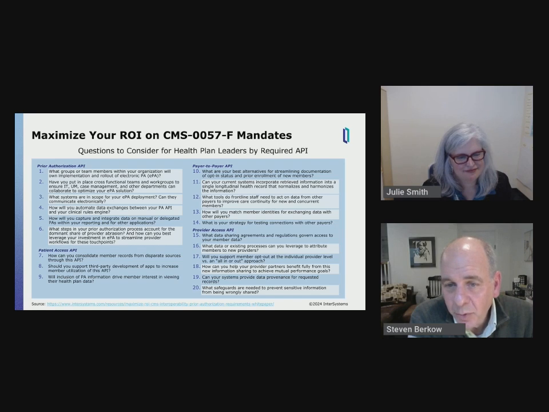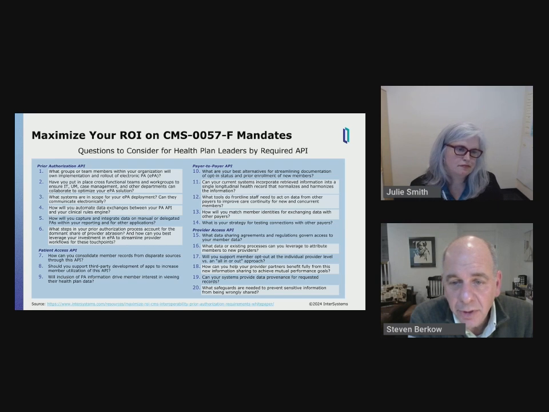Actually, we recognize there's a lot to be figured out here, but we're encouraging you to automate as much of that as you can from those back-end systems. And I know there's a lot of conversation about the potential for AI to actually adjudicate prior authorization claims, but you're neither hemmed in nor forced to do stuff on AI under 0057.